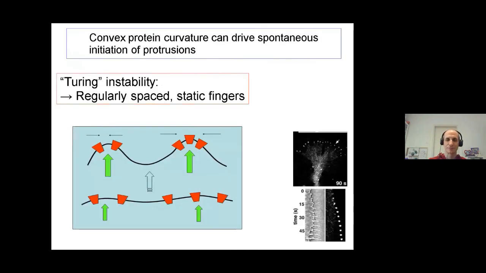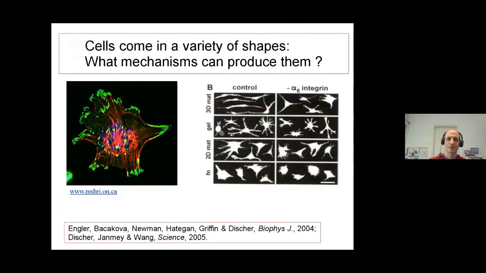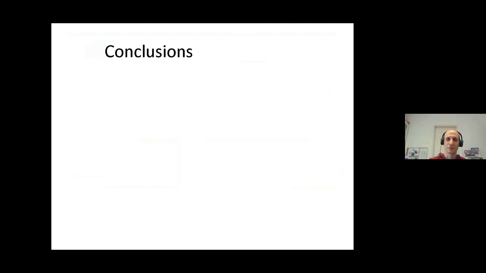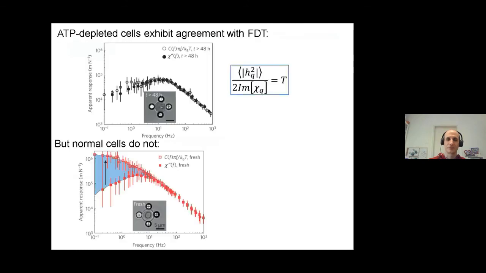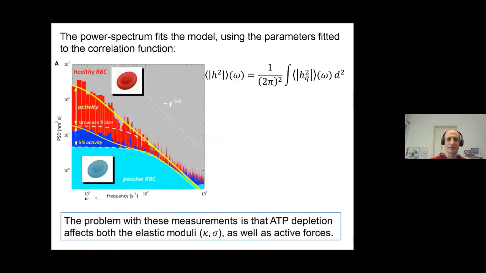For example, if I go back to the first part, in this part, at high frequencies you're dominated by the thermal fluctuations, and you know how their spectrum looks as a function of frequency.